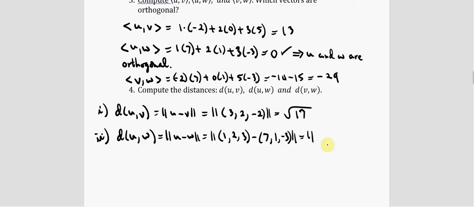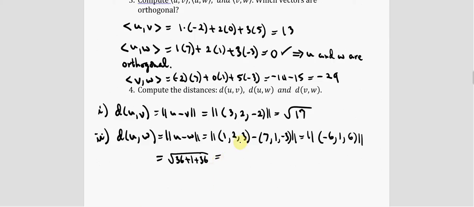We do the subtraction there. This is the norm of 1 minus 7, we get negative 6. And then 2 minus 1 is 1. And then 3 plus 3 is 6. So that gives us the square root of 36 plus 1 plus 36.